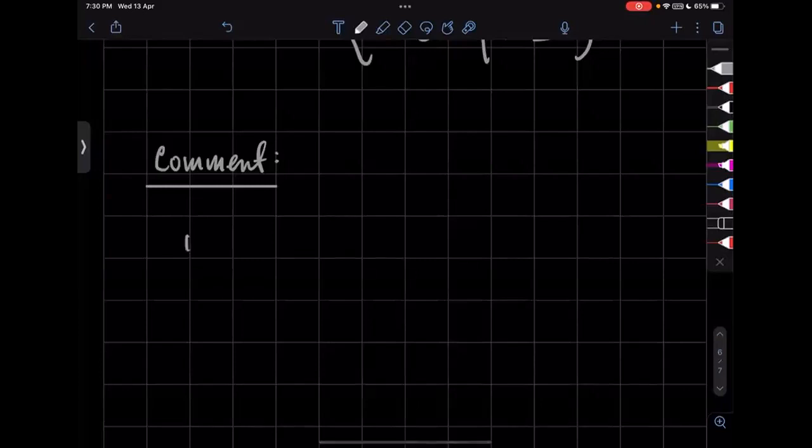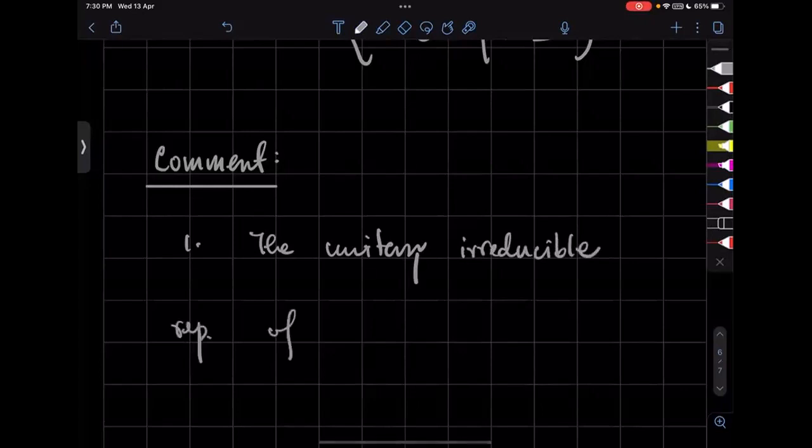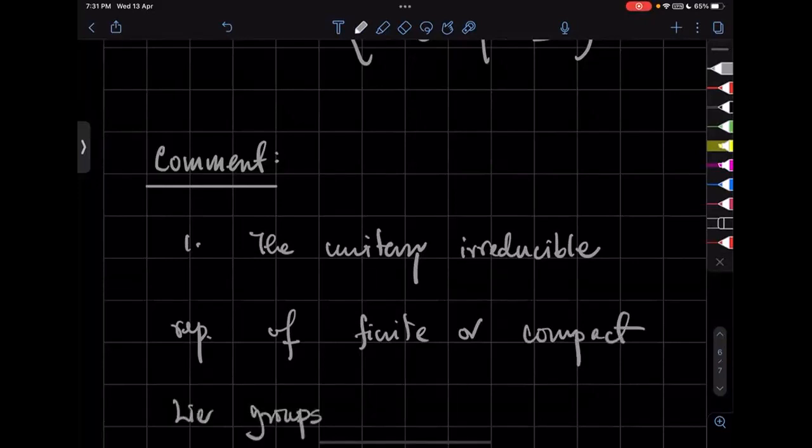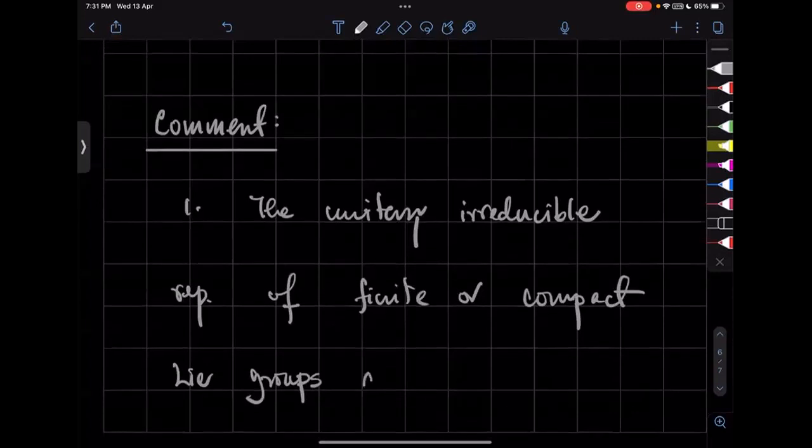So comment number 1 is that the unitary irreducible representations of finite or compact abelian Lie groups are one-dimensional.